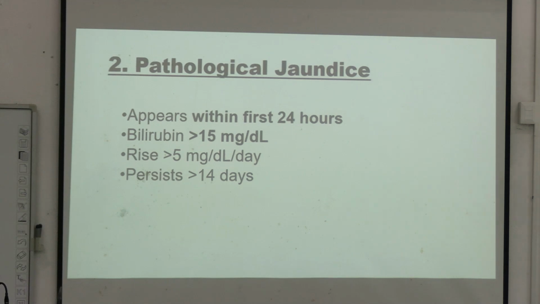Then pathological jaundice appears within the first 24 hours. If the jaundice appears within 24 hours, then it is no more physiological, it is pathological. Bilirubin level more than 15 mg per dl, rise more than 5 mg per dl per day, persists more than 14 days.